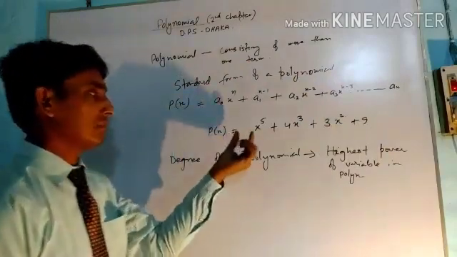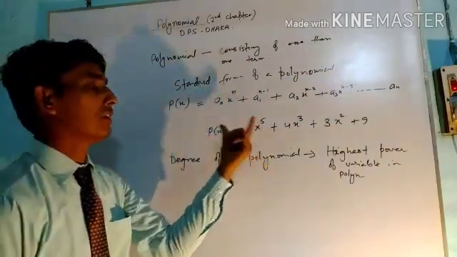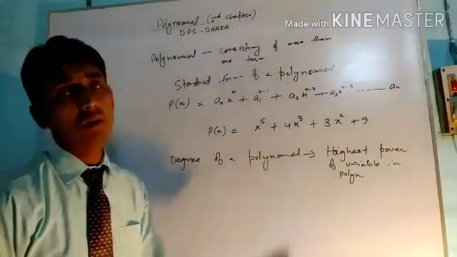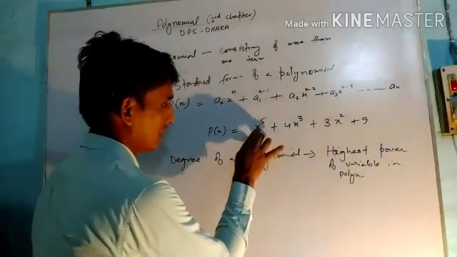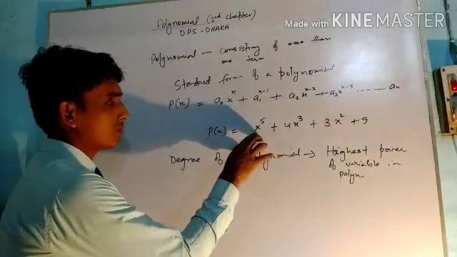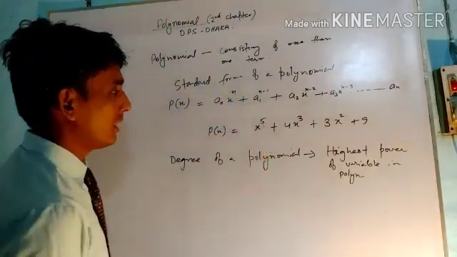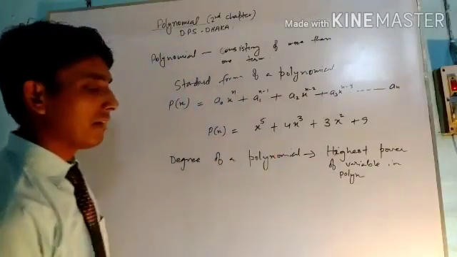We know that a polynomial containing 4 terms is called a quadrinomial. The highest power is 5, raised on x, so the degree of the polynomial is 5.